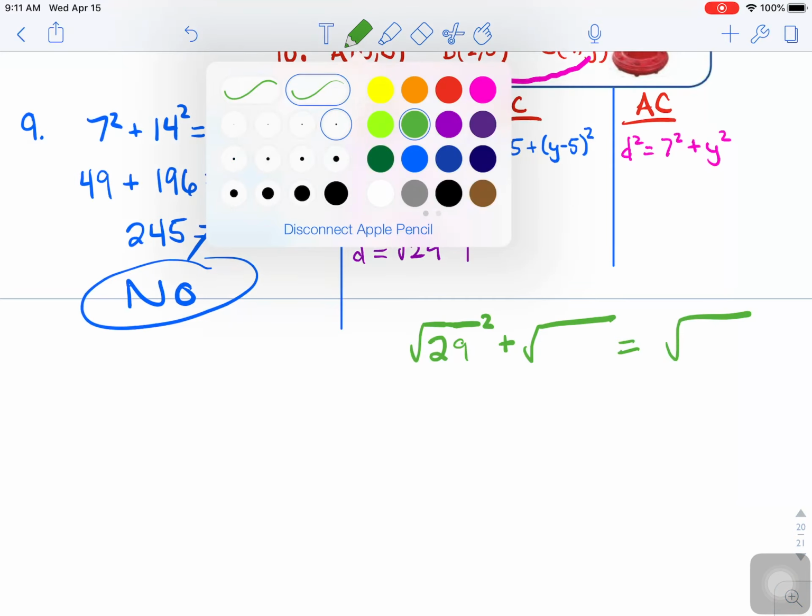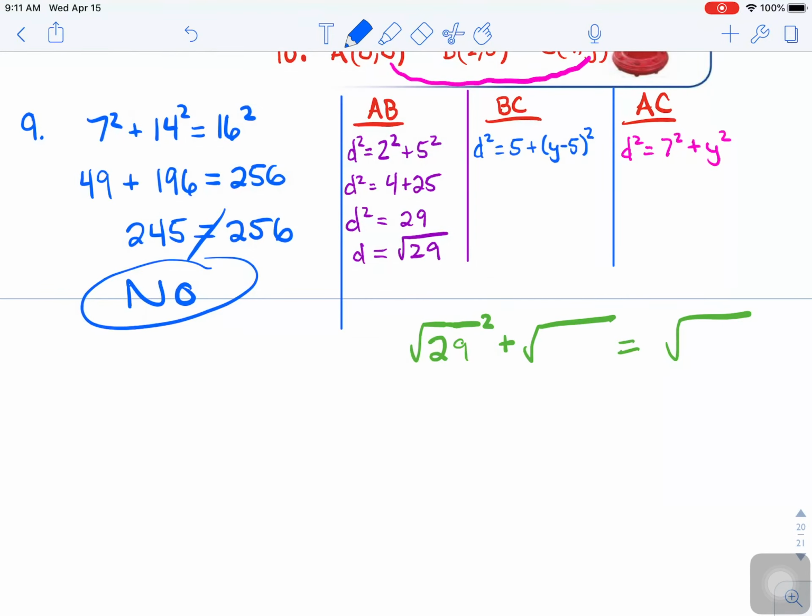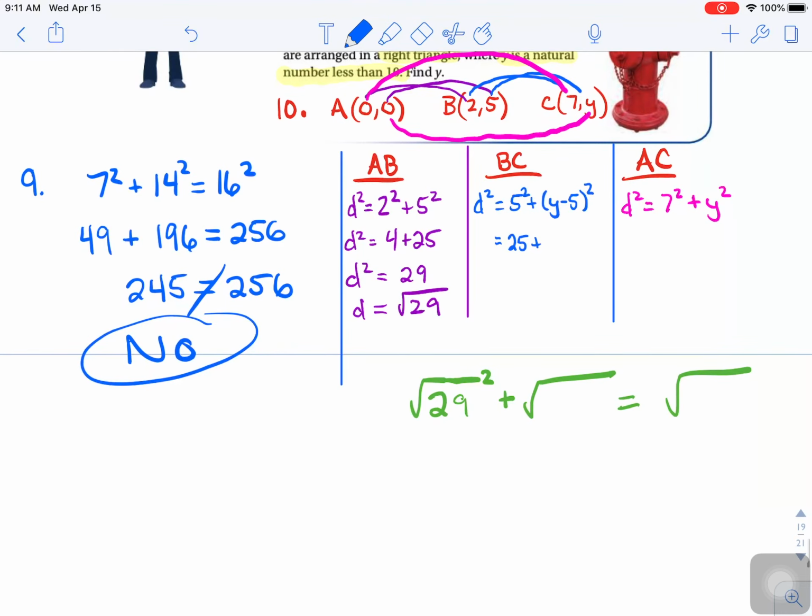Let's just start with 1. If I plugged in 1, I have 25, plus 1 minus 5 would be negative 4. Negative 4 squared would be 16. 25 and 16 added together would be 41.